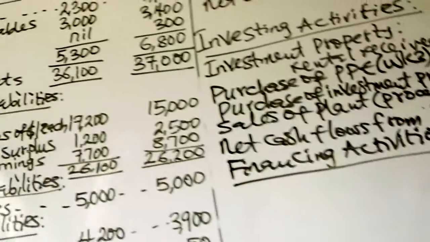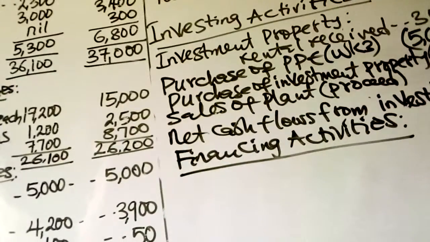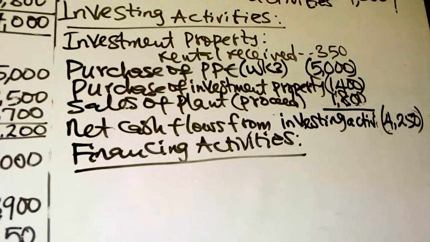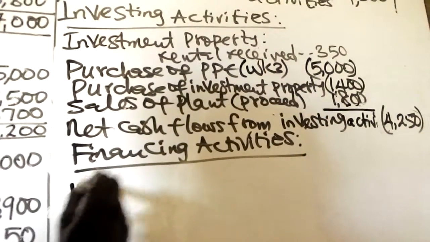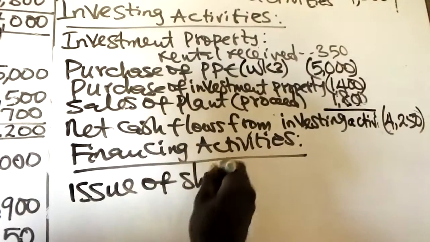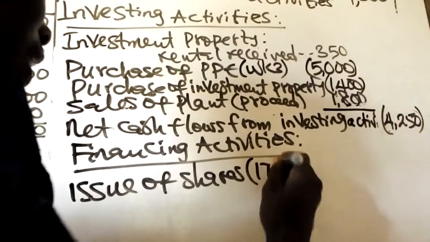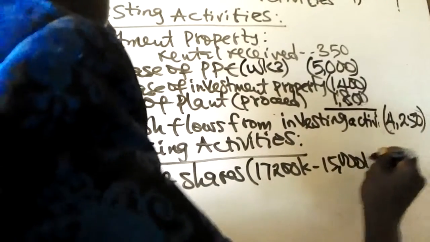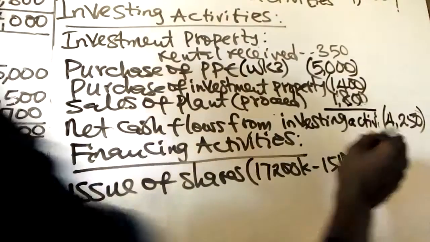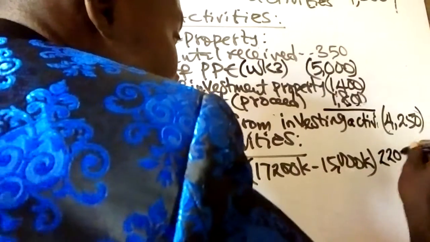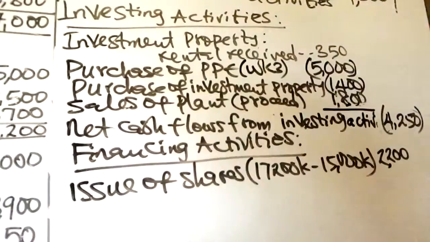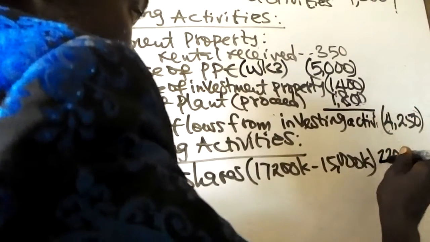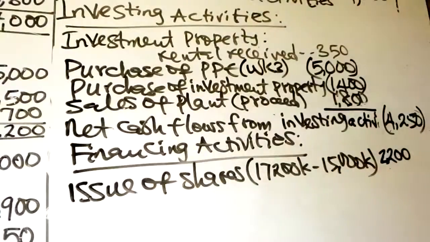So issue of shares: 17,200 minus 15,000, a difference of 2,200. When more shares are issued, more cash will come into the entity, so it is an inflow.